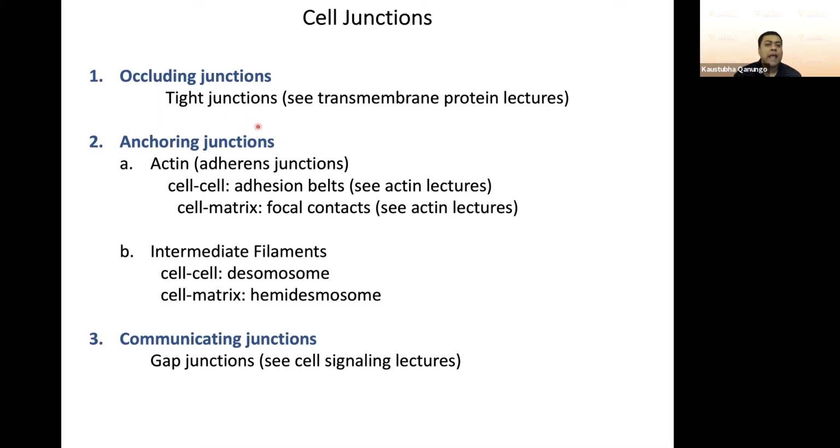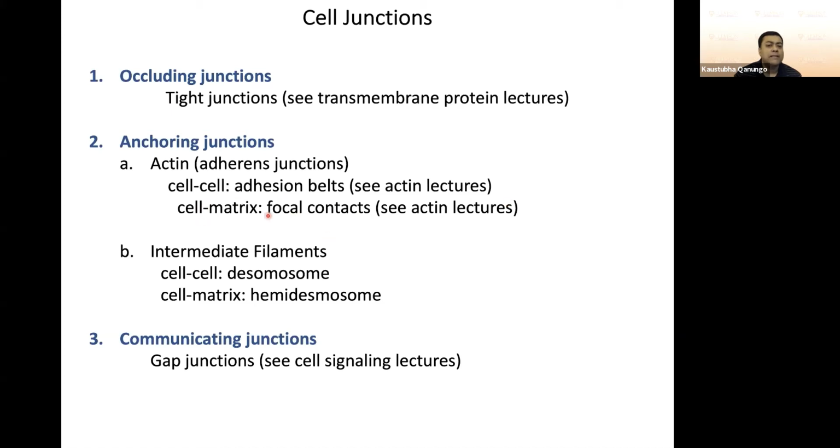Then we have these anchoring junctions. And the anchoring junctions, if they are made up of actin, are called adherens junctions. We have already talked about the adhesion belts in your actin lectures, and also the cell-matrix junctions, which are called focal contacts, and these are also in the actin lectures.